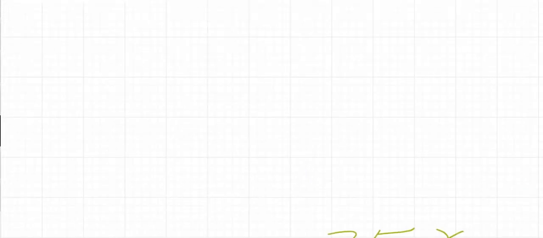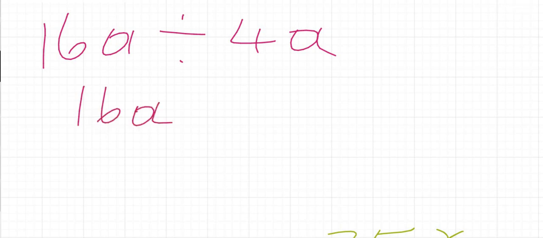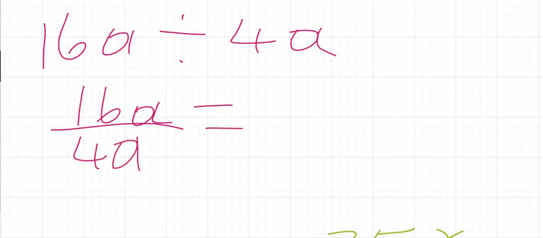Let's look at another example. So say we have 16a divided by 4a. Well, we could write this in a fractional way: 16a divided by 4a. We could do the same thing as we did with the 25 and the x.